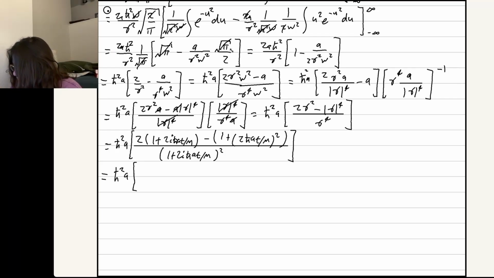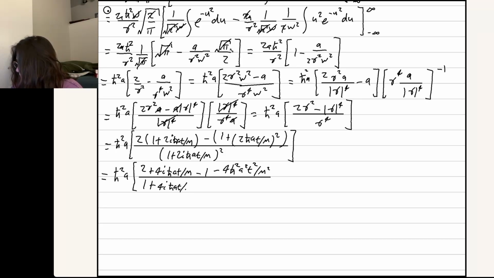So we're going to expand some squares. So we'll have 2 plus 4i h bar at over m minus 1 minus 4h bar squared a squared t squared over m squared. And on the bottom, it's going to be 1 plus 4i h bar at over m plus, or actually now minus 4h bar squared a squared t squared over m squared.